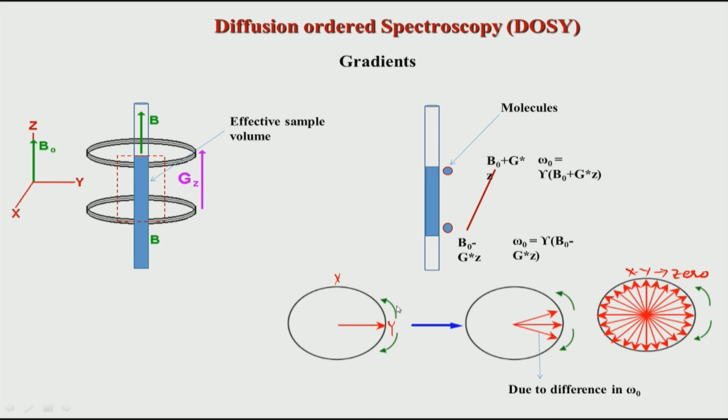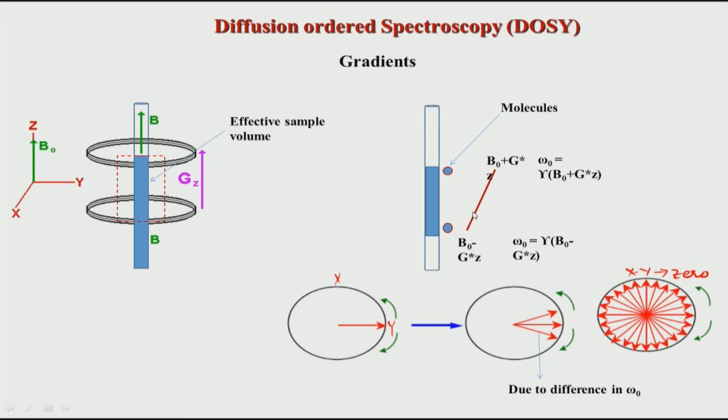When I apply a pulse, the signal will first come to the xy plane. Now, because of the gradient, the different molecules will start precessing not at one frequency, but at different frequencies created by this gradient. The same molecules which were all phased together now start dephasing at different speeds, because each molecule along the sample has a different precessional frequency.